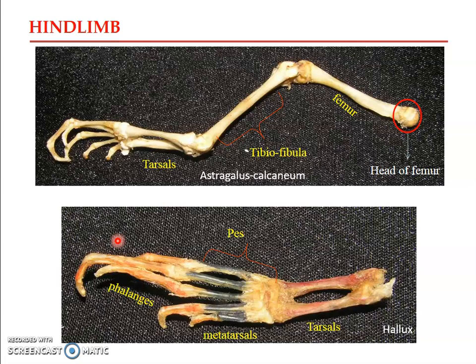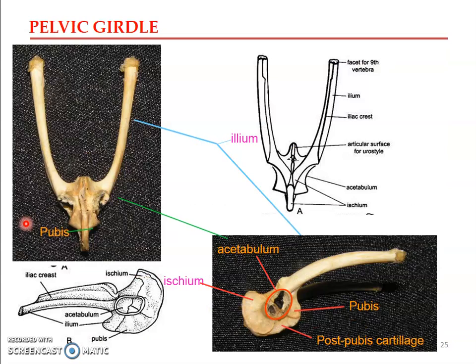So we'll just review what we have seen. Here you can see the pelvic girdle. The pelvic girdle is composed of two halves. Each half is known as the os innominatum. Each os innominatum is formed of the iliac bone, the long slender bone, and the main plate.